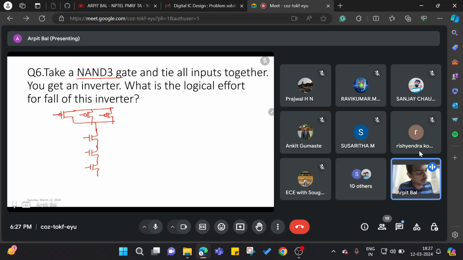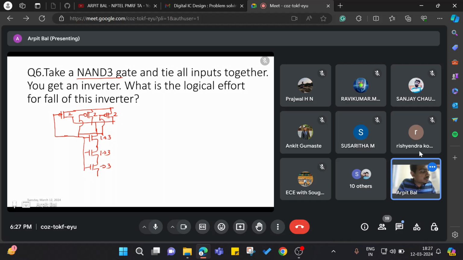Then again you sort all the inputs. After sorting all the inputs, this one will be upsized to 3, and the PMOS side will still remain as 2.